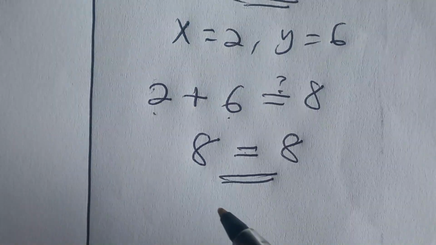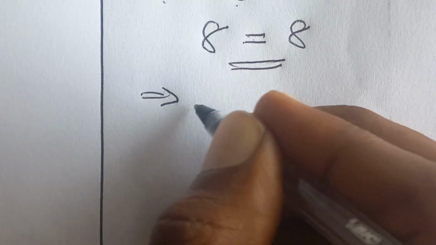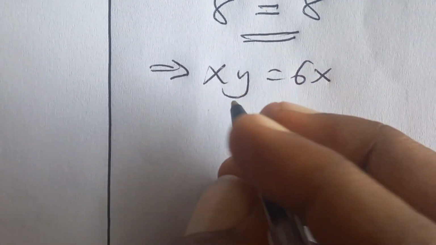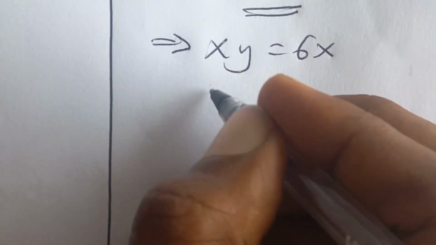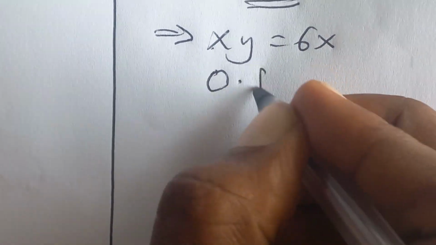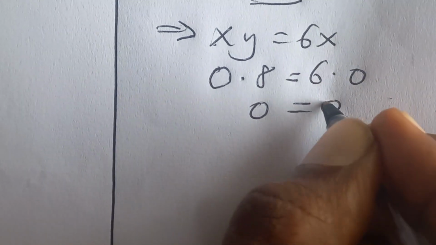Then let's test for this one too, which is xy = 6x. So for the first answer, we have x is 0 multiplied by y is 8, which is equal to 6 times 0. So 0 is equal to 0.